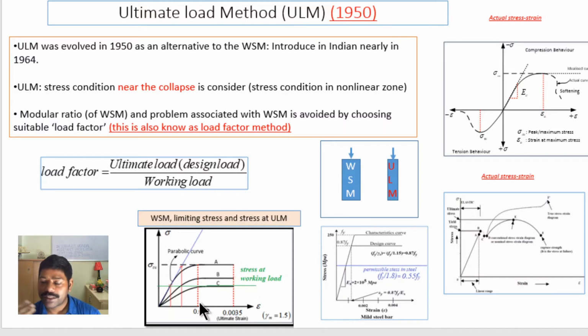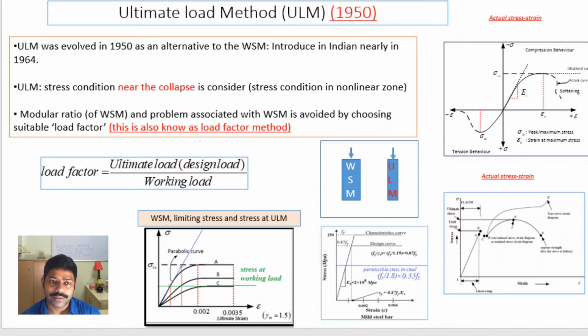So how are we achieving the ultimate load? Initially, we calculate the stress occurring in the working load, and then we multiply it with the load factor. If you allow the stress to reach the failure, since we are allowing the stress to reach near the failure, the cross-sectional dimension will also reduce.